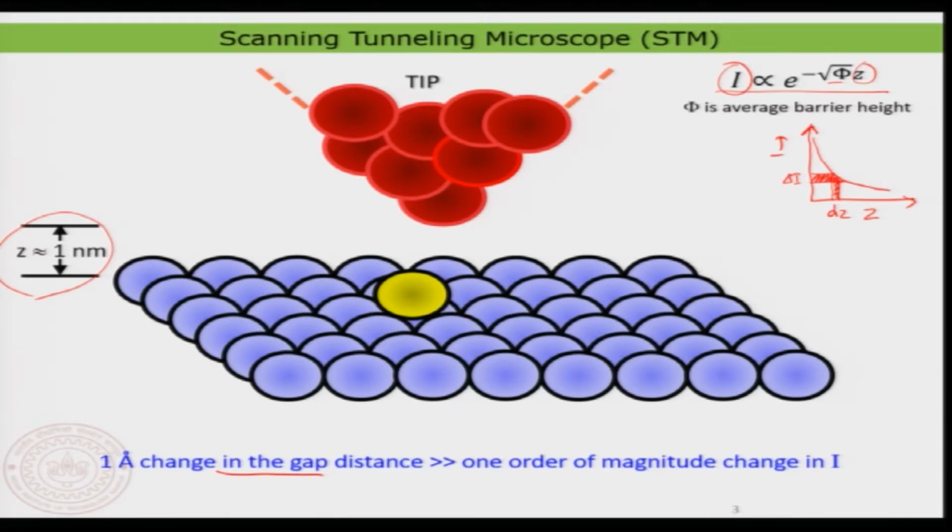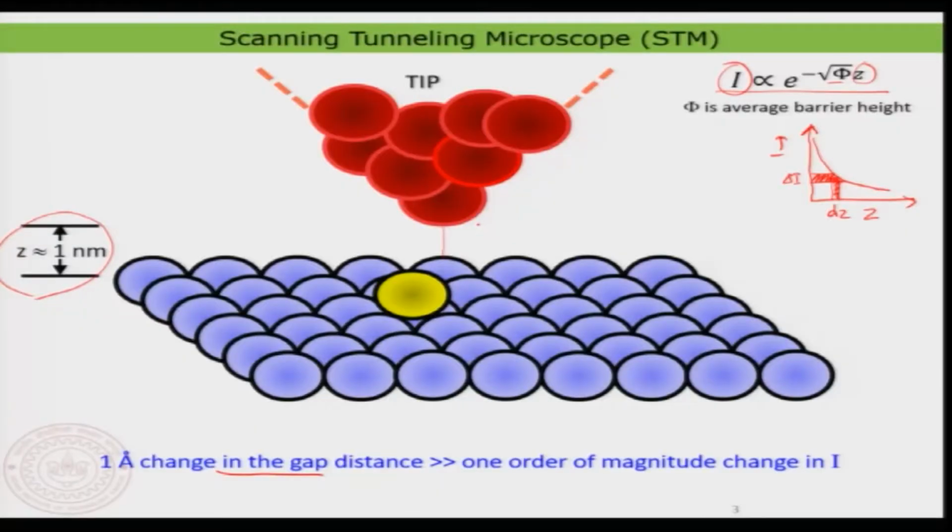Now, let us see the interesting aspect. The tip is now placed on top of an atom. So, assume that you have your tip exactly on top of an atom. Then the average distance between the tip and the surface is smaller compared to when you move the tip to a position in between the atoms. So, you naturally see that here the z is larger. In a way, z prime is greater than z.